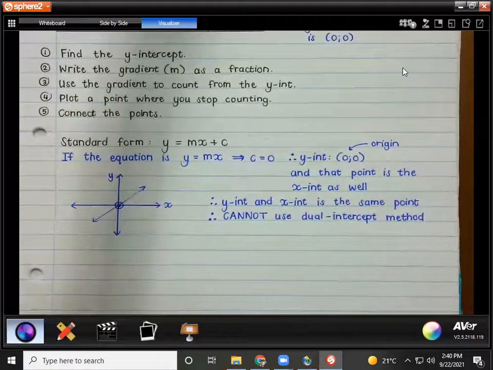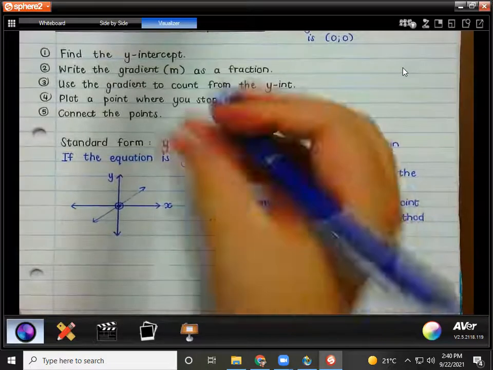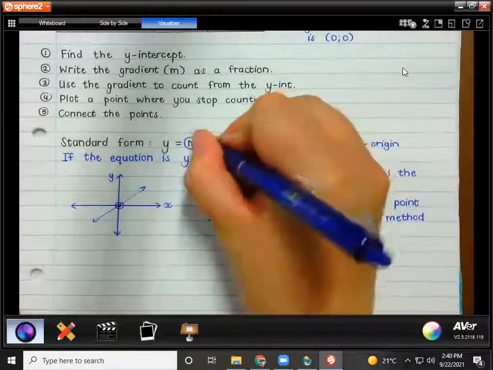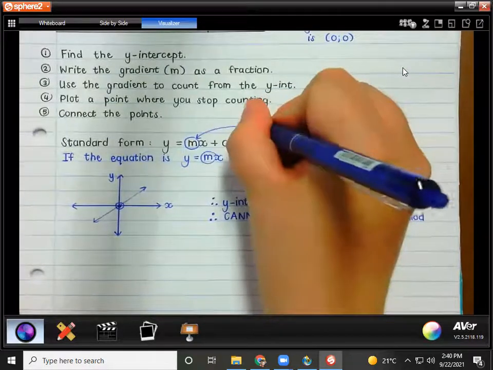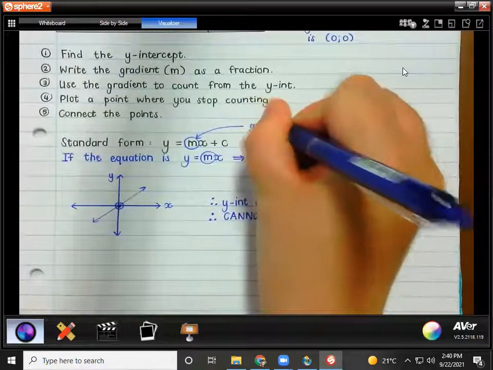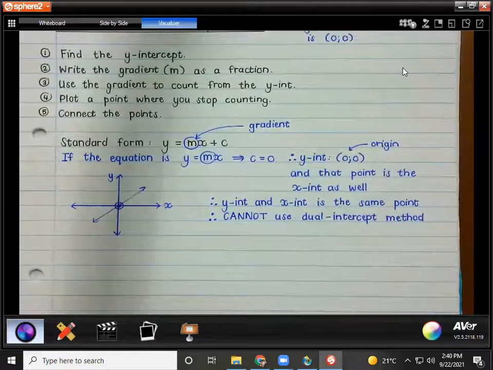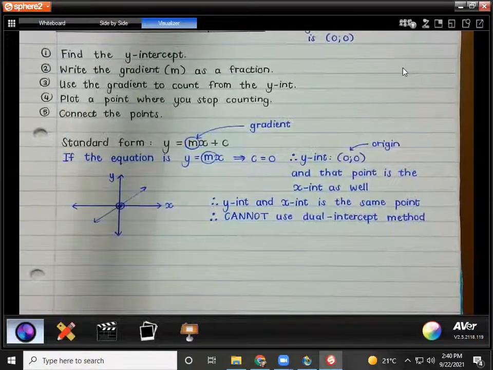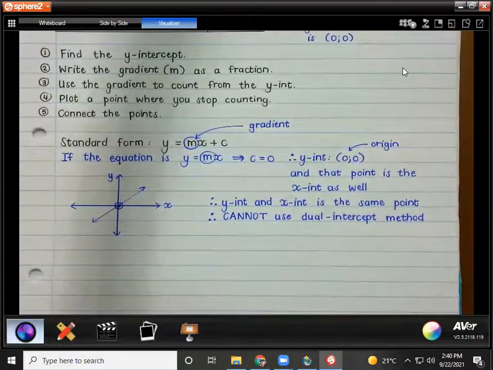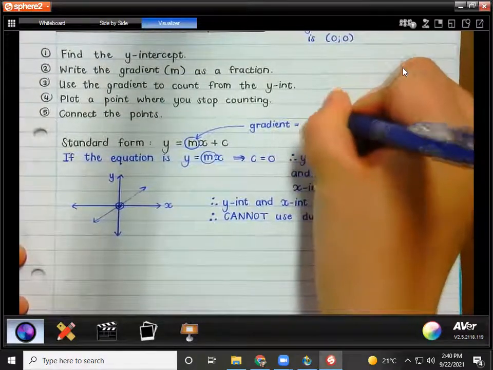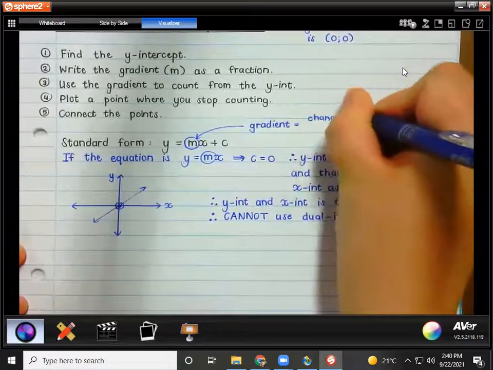Let's remember that m, that m value there, is the gradient. What is the formula for the gradient? Not the one with the specific values, just the basic one, Sipe? Yes, good. Change in y over, or divided by, change in x.